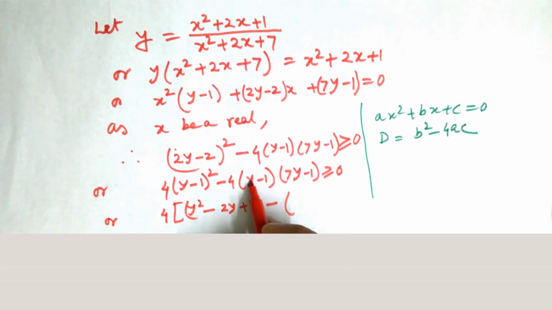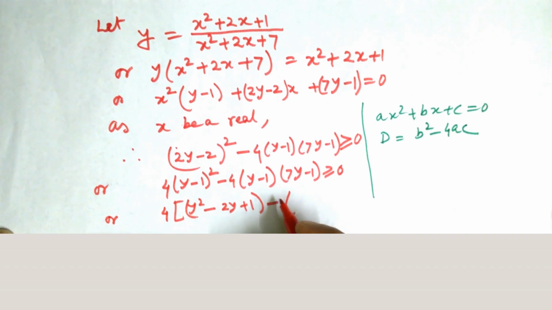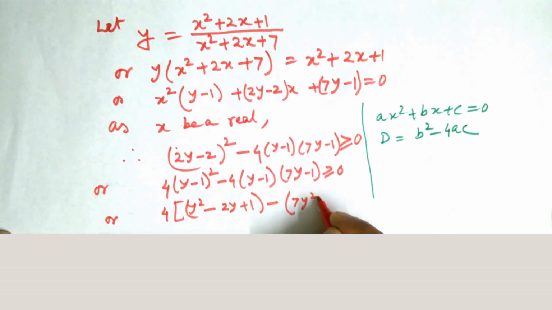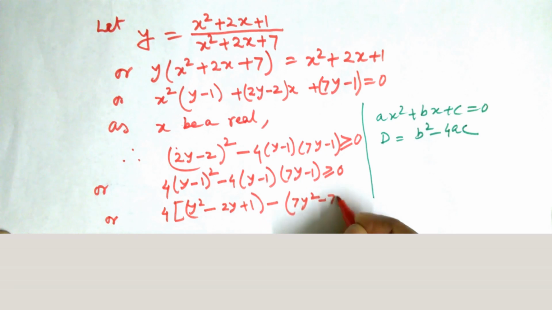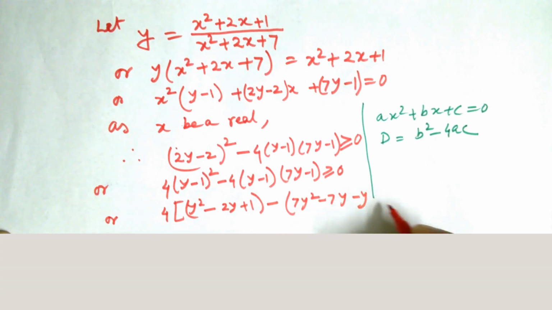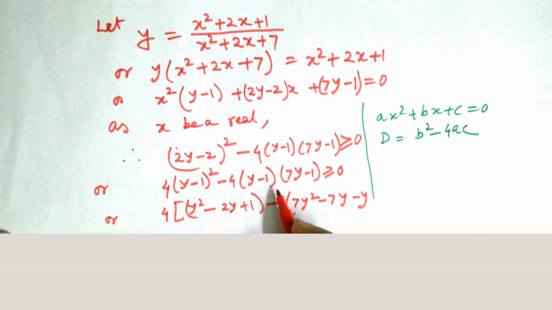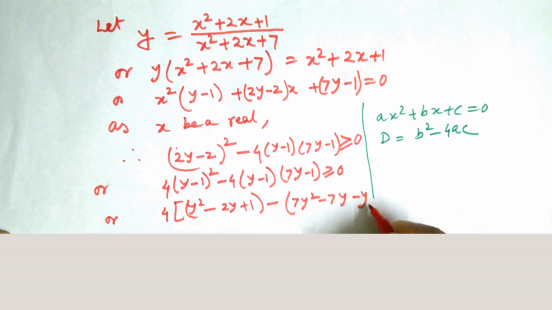Minus the product (y minus 1)(7y minus 1): first multiply by 7y, giving 7y square minus 7y, then multiply by minus 1, giving minus y, and then plus 1.